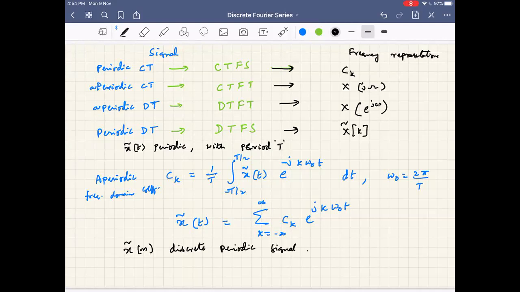then what shall happen with the period? Since this is a discrete periodic signal, its period is also an integer. Okay, with period N, then omega naught defined by 2 pi by capital N be the fundamental frequency to express the frequency content of the signal x tilde of n.